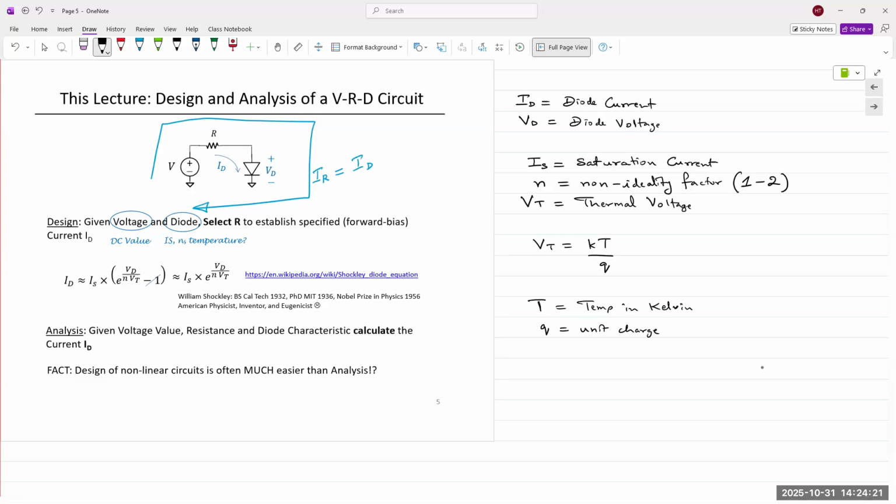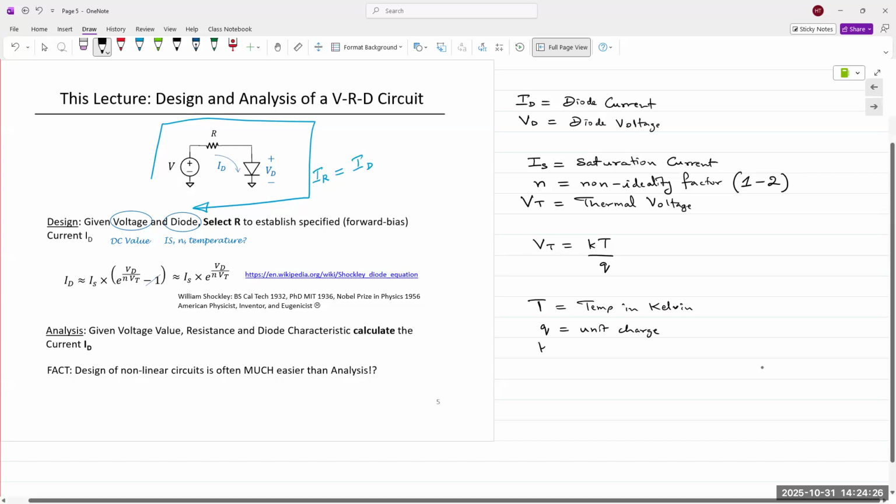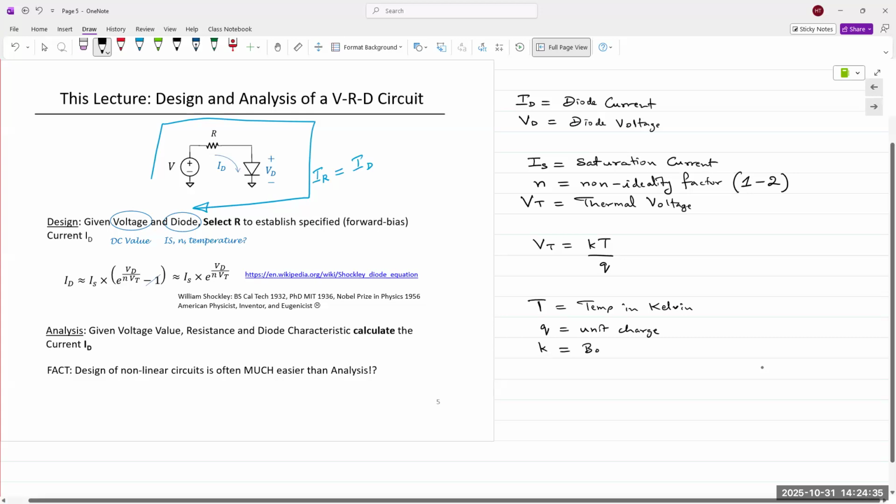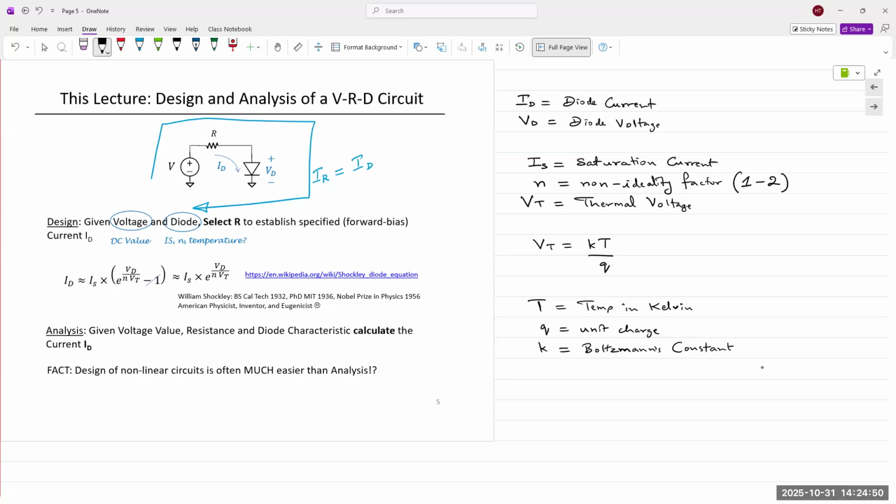Q is 1 unit charge, and K is the Boltzmann's constant. And all of these are constants based on the temperature. We can calculate what the thermal voltage is. All right. And so that's the diode equation.